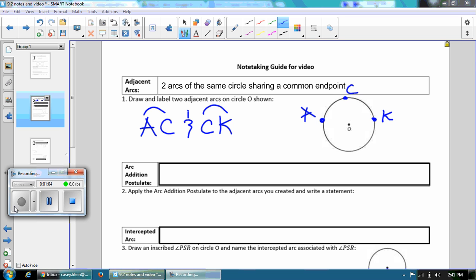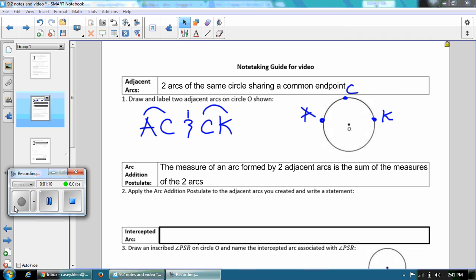Go ahead and write down the definition for arc addition postulate. The measure of an arc formed by two adjacent arcs is the sum of those two arcs added together. So you're going to take AC and add it to CK, and you'll create a big overall arc.